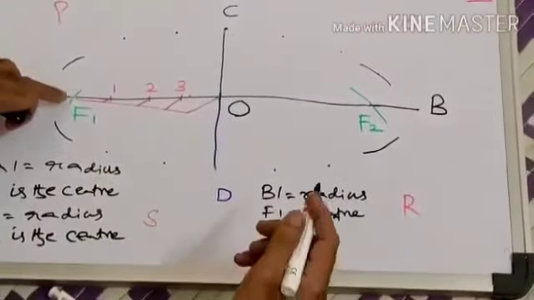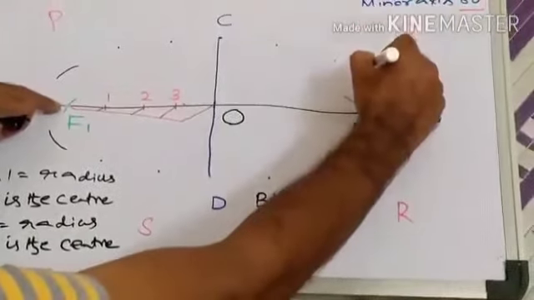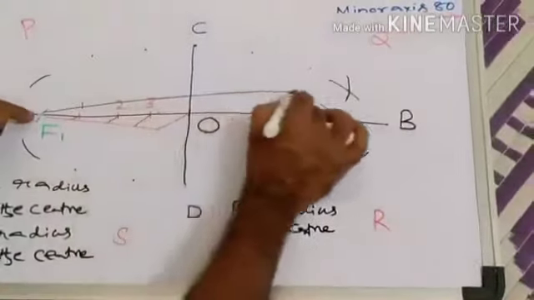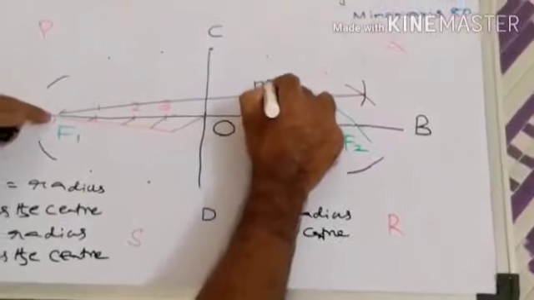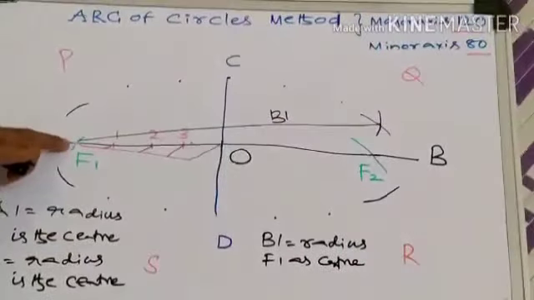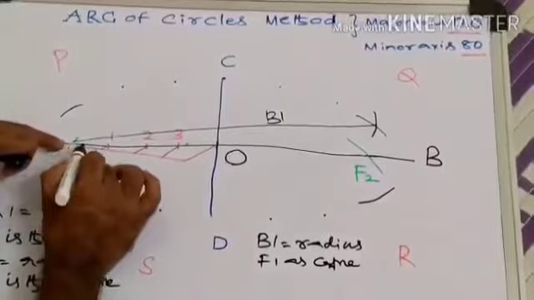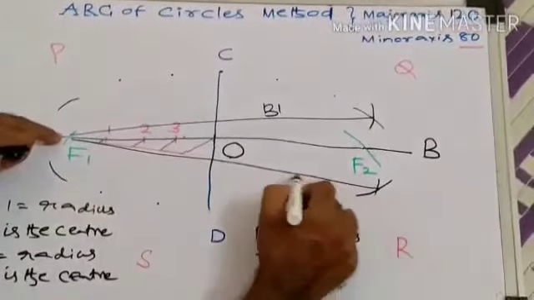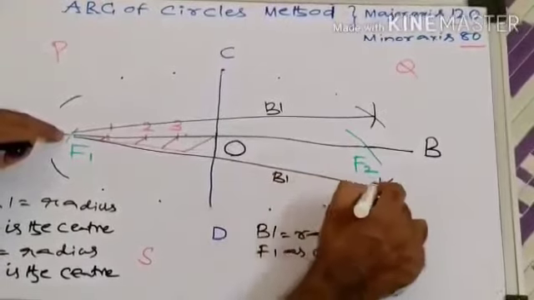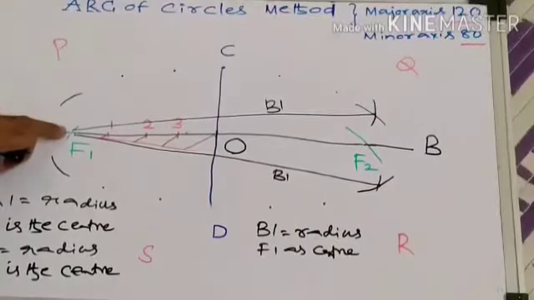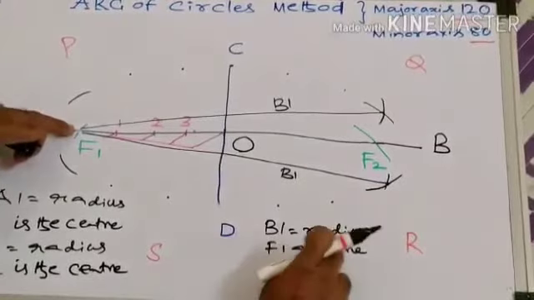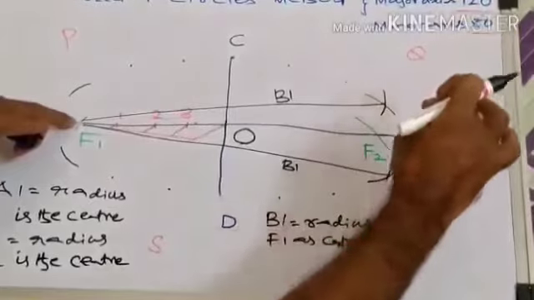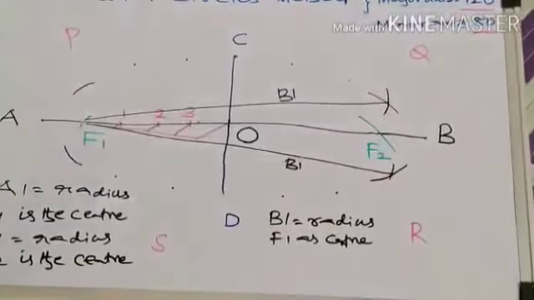You have to cut the arcs in the Q portion and in the R portion. So F1 as the center and B1 as the radius, you have to cut the previous arcs in the Q portion and R portion.